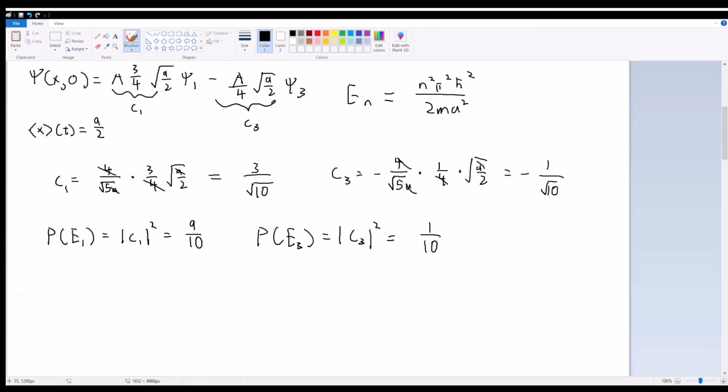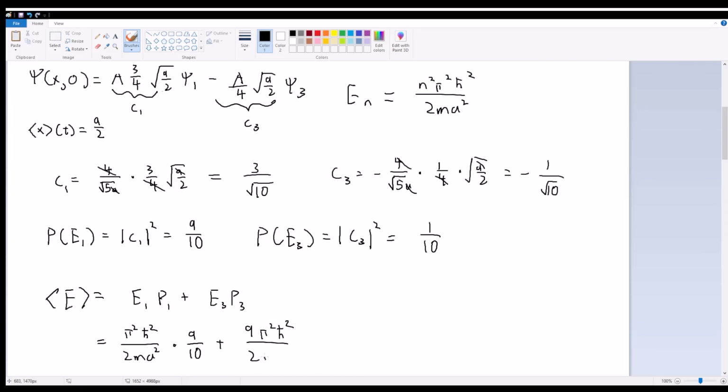So finally, we get the average expectation value of the energy is going to be E1 times P1 plus E3 times P3, which is going to be pi squared h bar squared over 2m a squared times 9 over 10 plus 9 pi squared h bar squared over 2m a squared times 1 over 10.